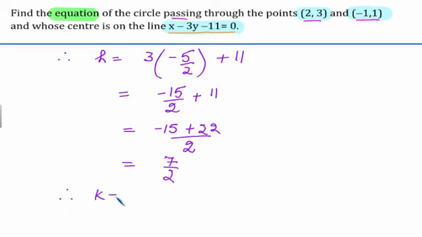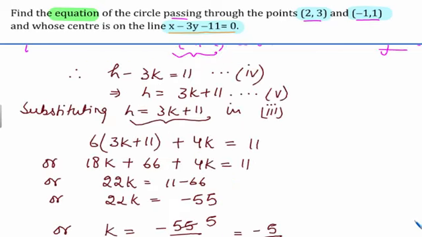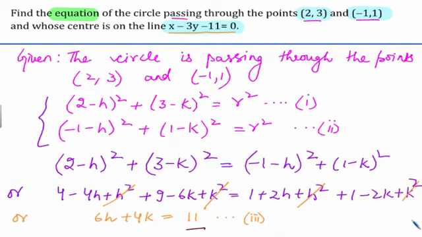Therefore, we have k is equal to minus 5 upon 2 and h is equal to 7 upon 2. Now, let us substitute the value of h and k in the equation 1 to get the value of r.